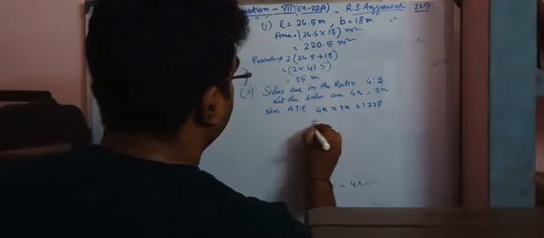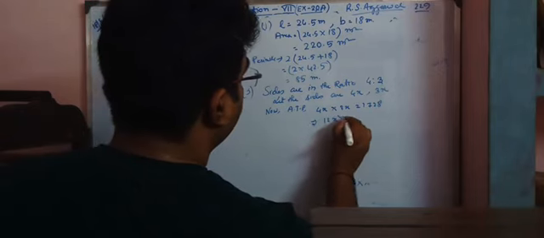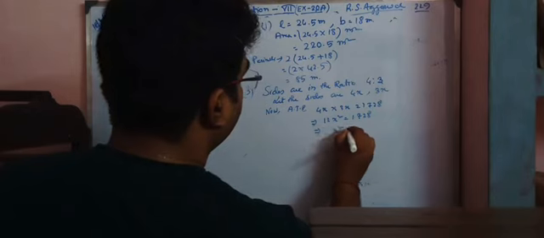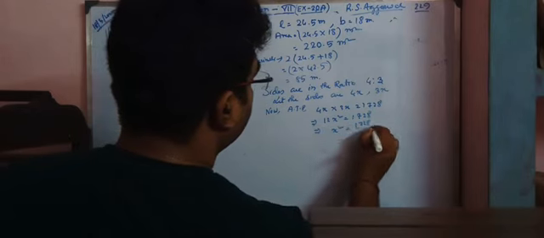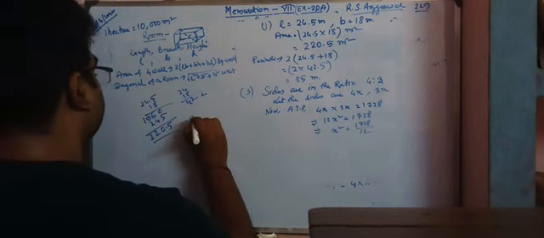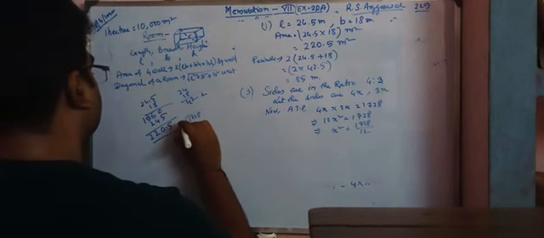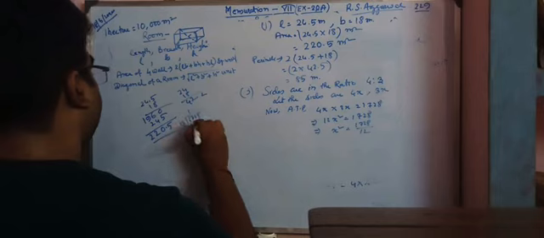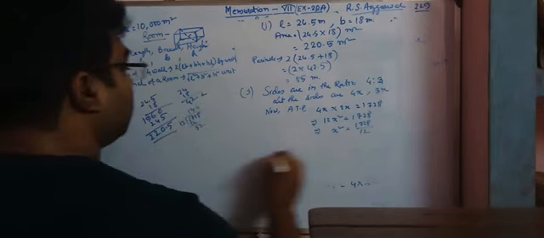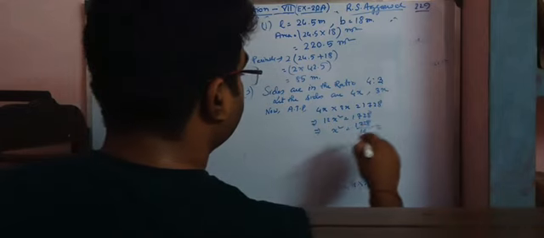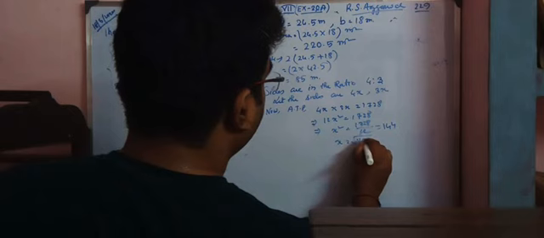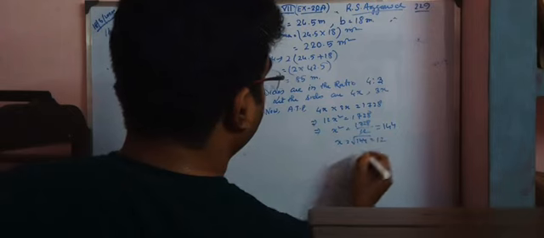Now 12x square is equal to 1728, so x square equals 1728 by 12, which comes to 144. Means x is equal to root over of 144, that means 12.